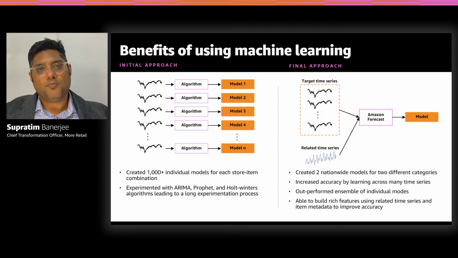And we were able to build a very rich set of related time series as well as metadata to improve accuracy. To me, this was the key feature that attracted us to Amazon Forecast. In any grocery buying experience, customers buy in a shopping basket, and there are signals from the purchase or demand of one product with another product.